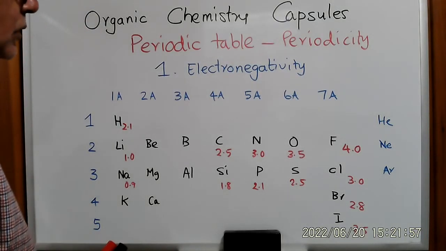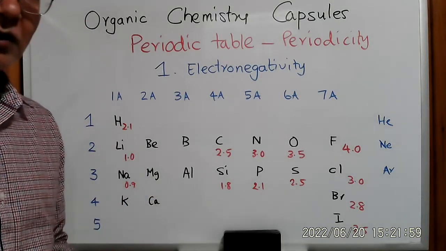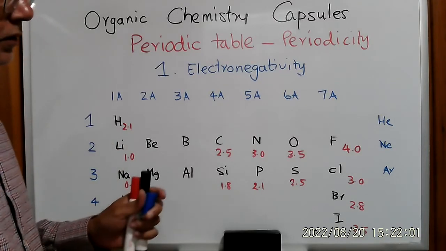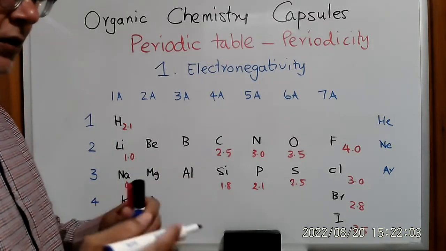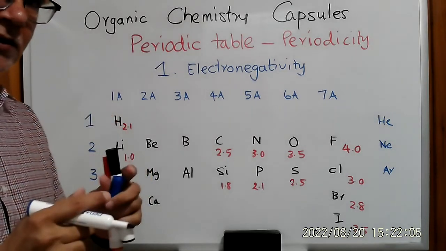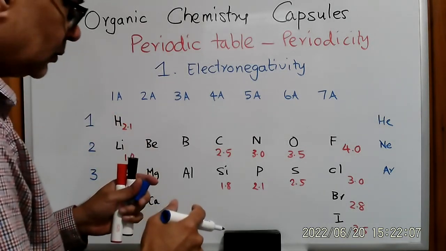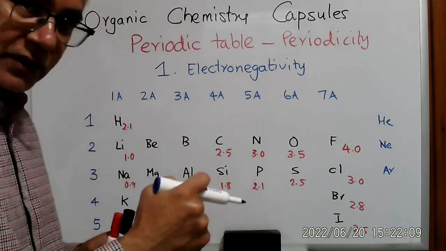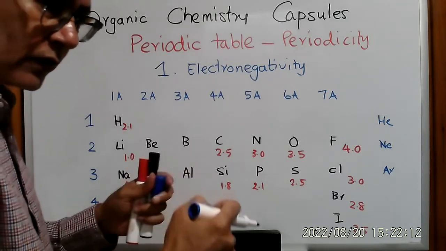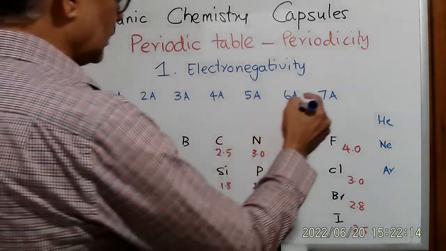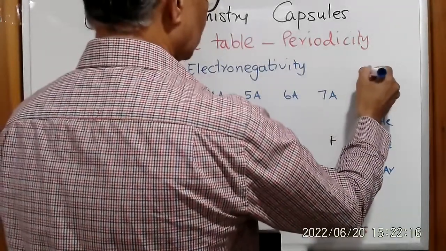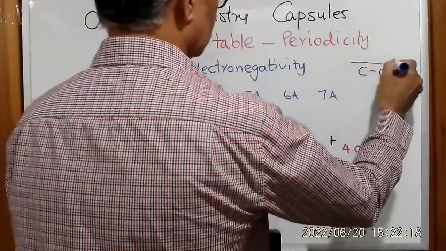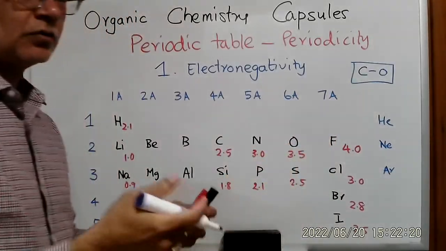Okay. So what is electronegativity? Electronegativity can be defined as the tendency of an atom to pull electrons towards itself when it forms a bond with something else. So for example, let's say there's a carbon oxygen bond in a molecule.